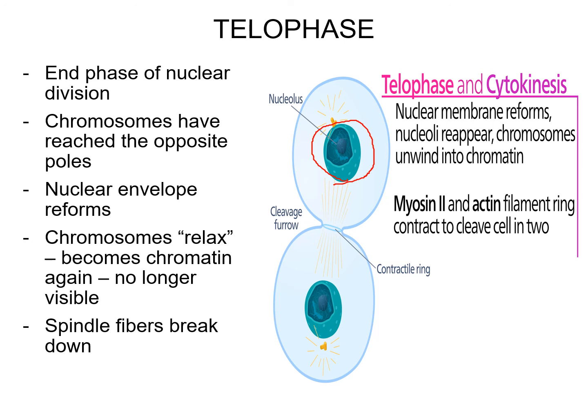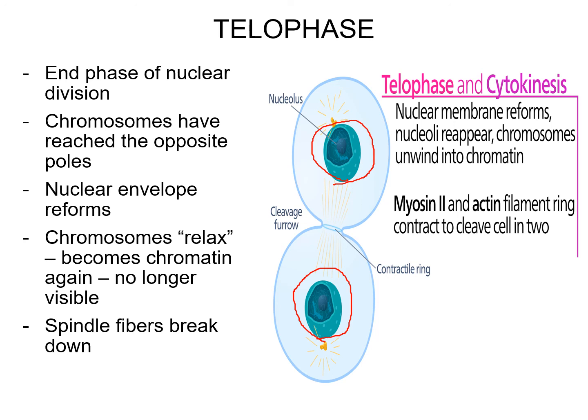We have one nucleus in this cell and one nucleus in this cell. So the 46 chromosomes have successfully made their journey to each end of the cell, and we now have two distinct nuclei. So we start reforming that nuclear envelope and the nucleolus and everything, and now we're pretty much ready to just split the rest of the cell. But remember, our definition of mitosis is splitting of the nucleus, splitting of the DNA.